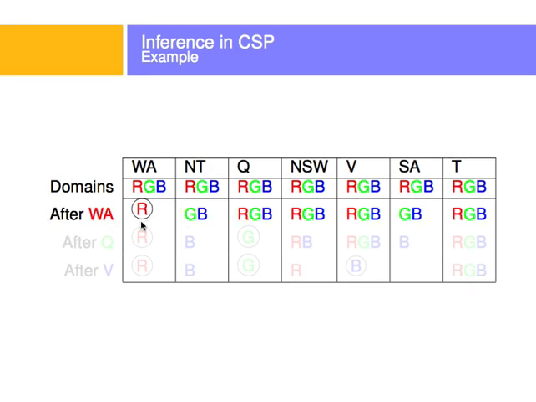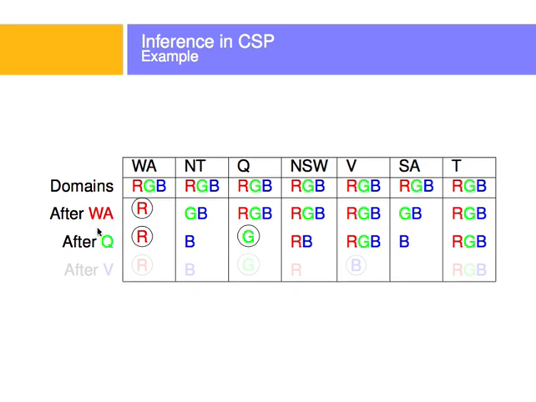After Western Australia is red, the Northern Territories can only be green or blue. Queensland can be red, green, or blue. New South Wales can be red, green, or blue. Victoria, red, green, or blue. Now South Australia can be only green or blue, and Tasmania can be any color. Then we assign, for example, Queensland green. Now the Northern Territories can only be blue.